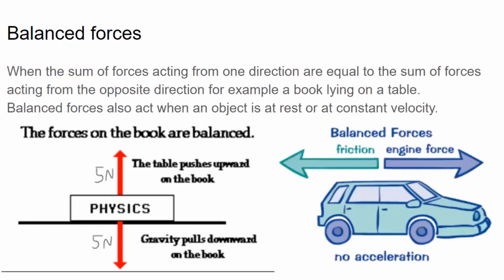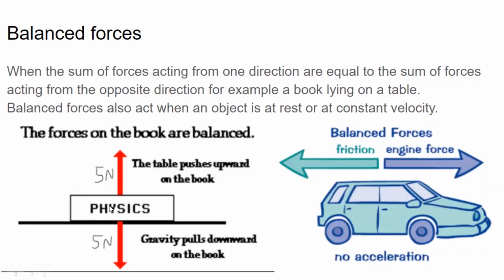So balanced forces are when the sum of forces acting from one direction are equal to the sum of forces acting from the opposite direction. For example, if we take this book lying on the table, the table pushes the book upward by a force of 5 newtons, while the gravitational pull pulls the book downwards by a force of 5 newtons.